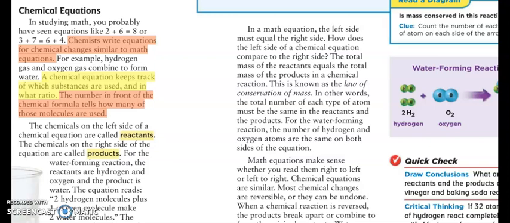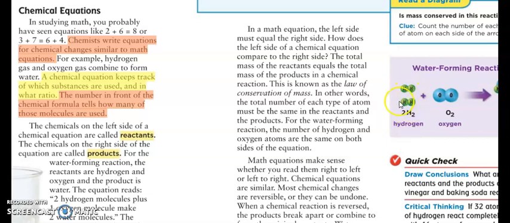A chemical equation keeps track of which substances are used and in what ratio. The number in front of the chemical formula tells how many of those molecules are used. For example, this number means I need two molecules of H2.